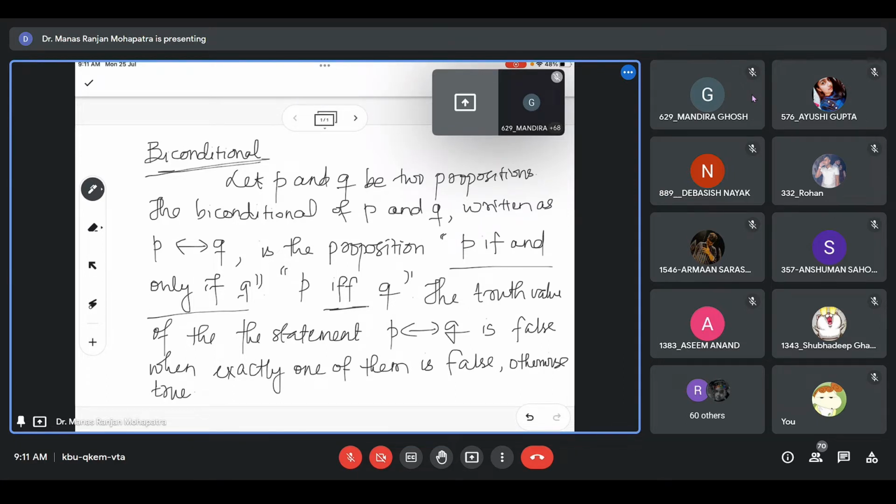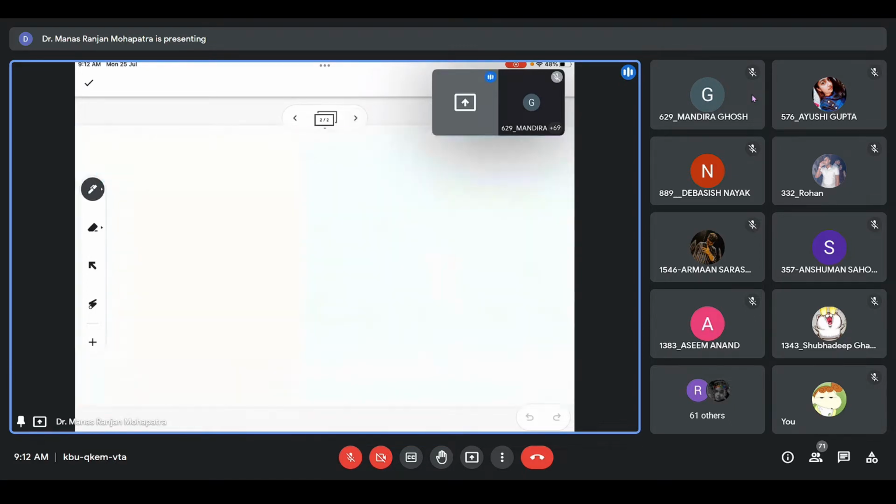Okay. This is the truth value of the biconditional statement P double implication Q. It is false when exactly one of them is false. When exactly either P or Q is false, then it is false. Otherwise, it is true.